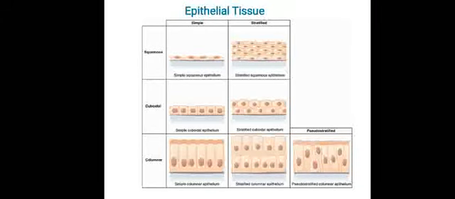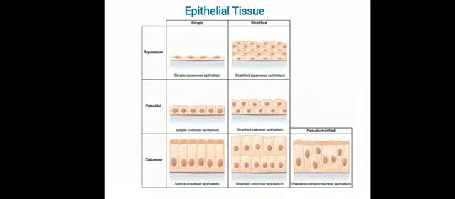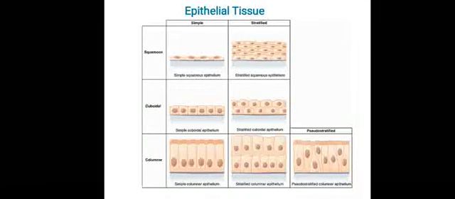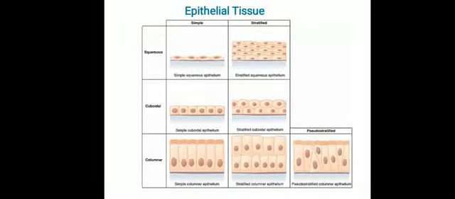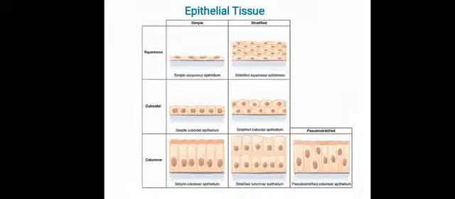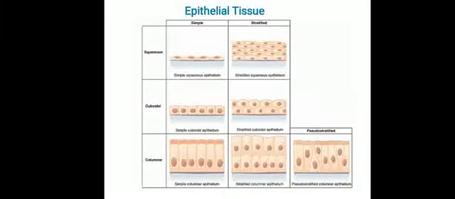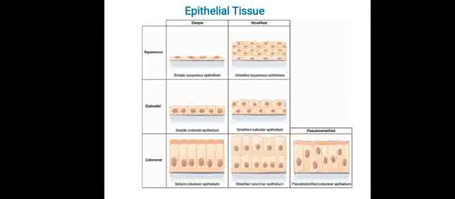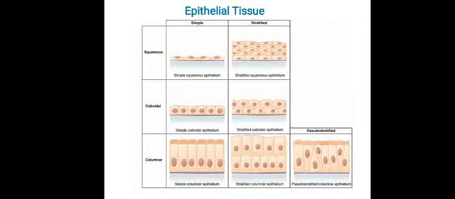The second one is connective tissue. The third one is muscular tissue. And the last one is nervous tissue. Let me come back: epithelial tissue, connective tissue, muscular tissue, and nervous tissue. Those are the four types of tissue that we have.